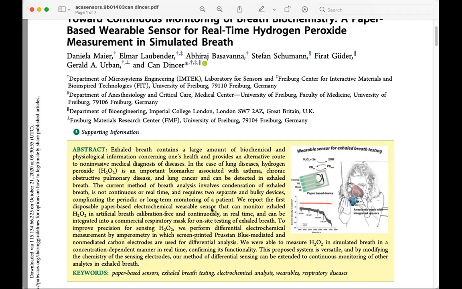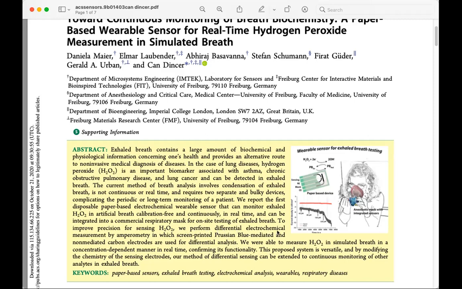Those words are the catchy words that he would like to rope people in. Yeah? So in real time means that the sensor can continuously monitor peroxide in real time.